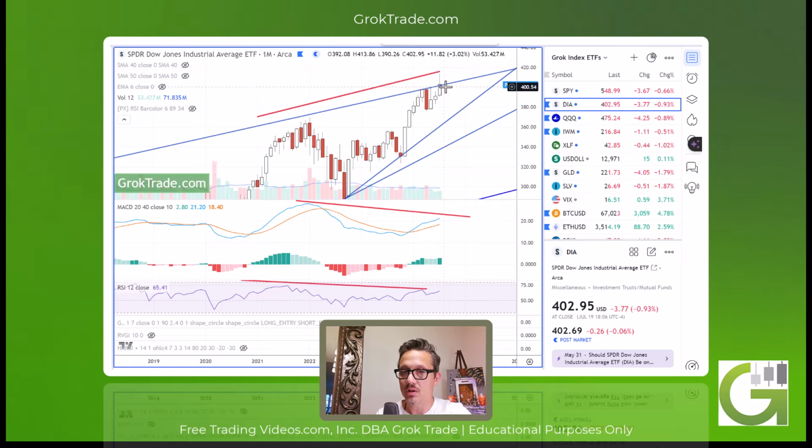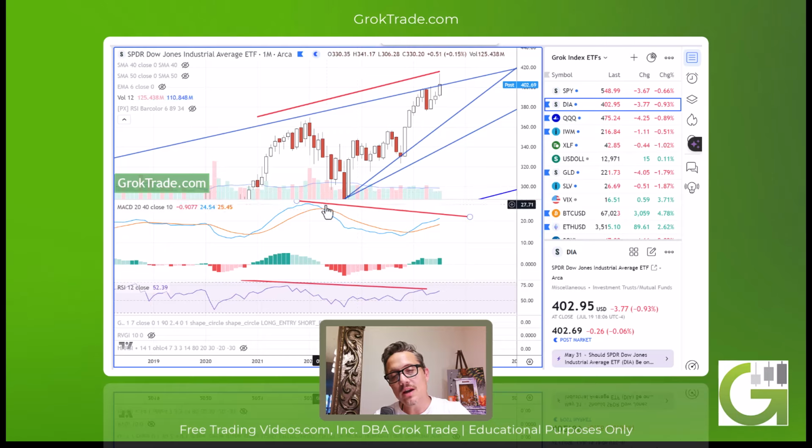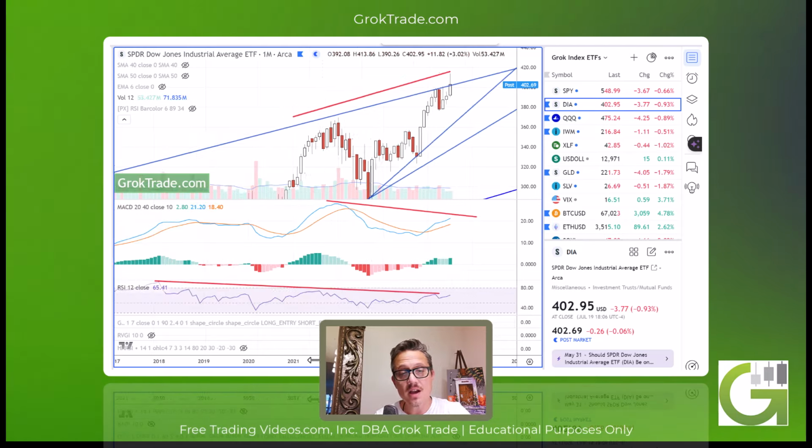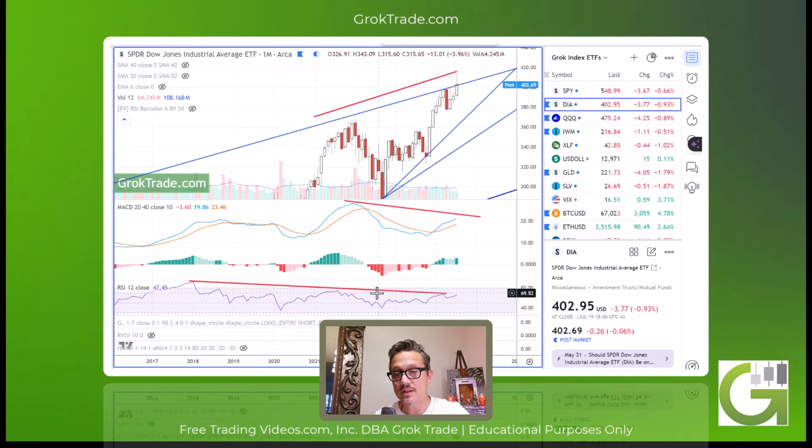If we stop below it, that will be resistance and a good place to start selling. Again, higher highs on the price, lower highs on the MACD, lower highs on the RSI. You can see that the longer these divergences last, the more powerful they tend to be. The question is, is this the market high before we go into a market recession?